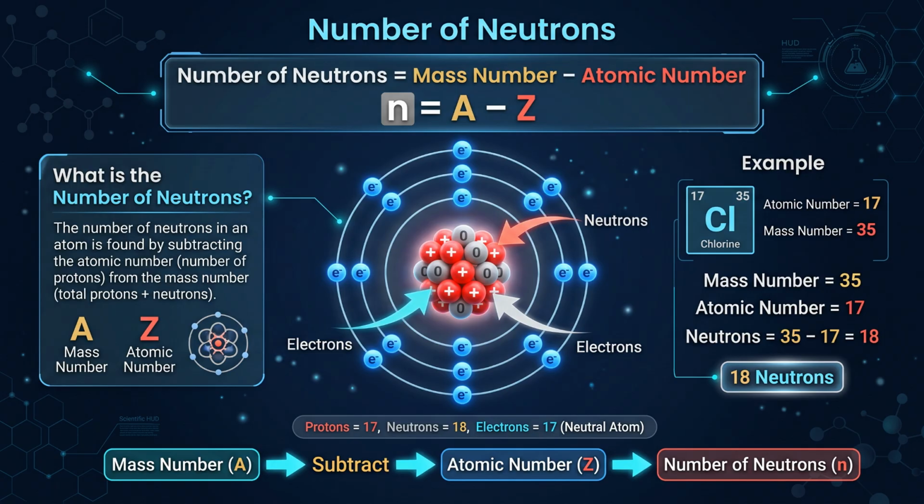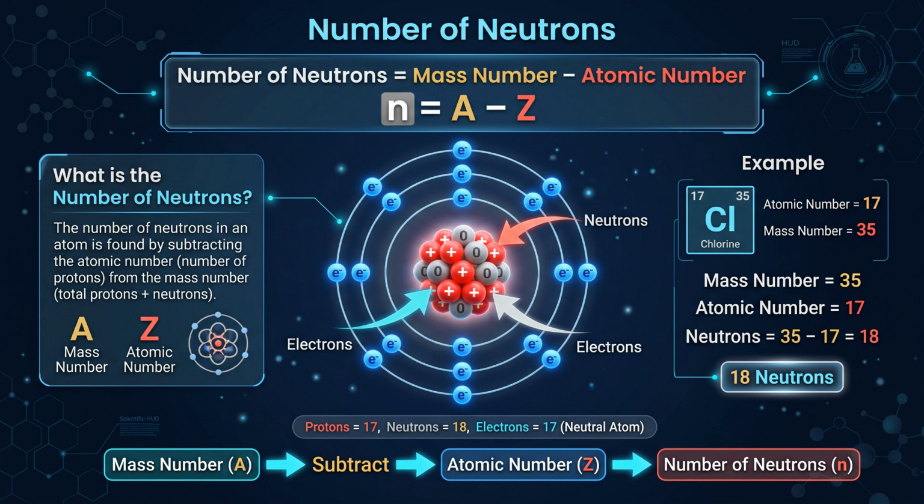Let us understand this with the example shown in the illustration. The element is chlorine. According to the periodic table, chlorine has an atomic number of 17, which means every chlorine atom contains 17 protons in its nucleus. The example also shows a mass number of 35, meaning the nucleus contains a total of 35 particles, including both protons and neutrons.